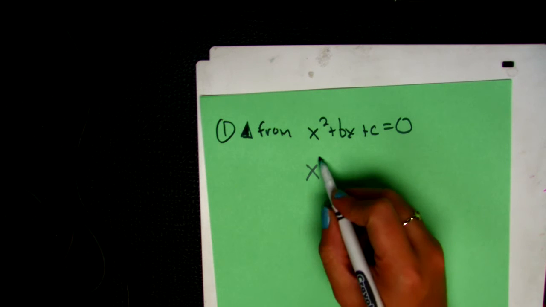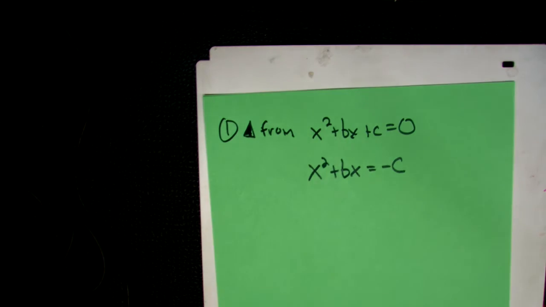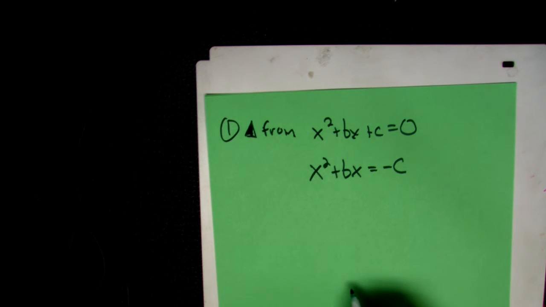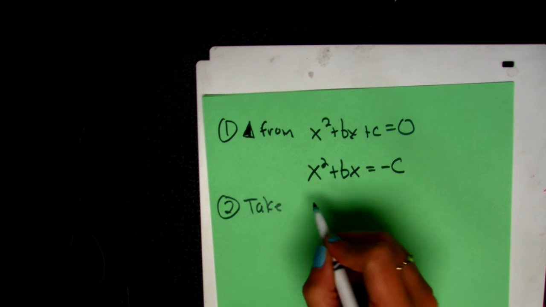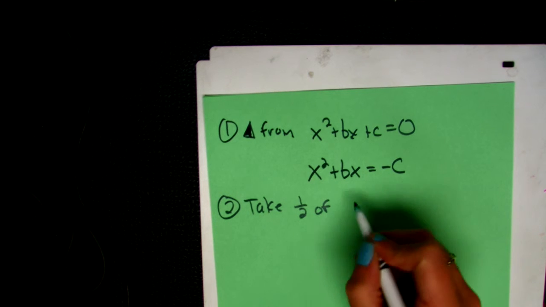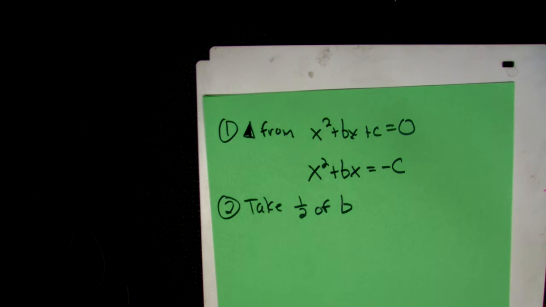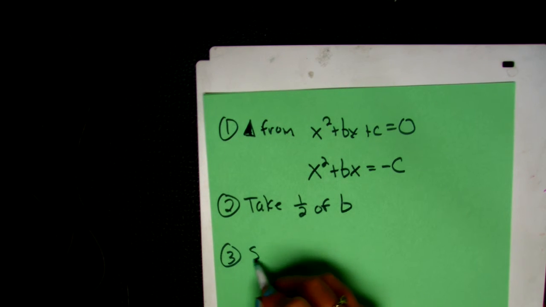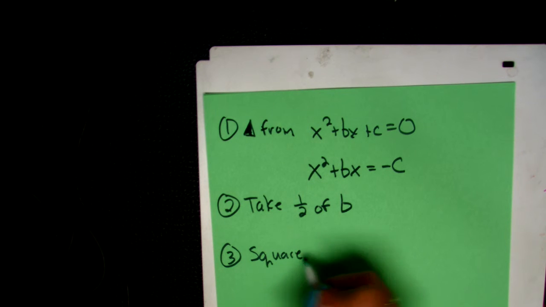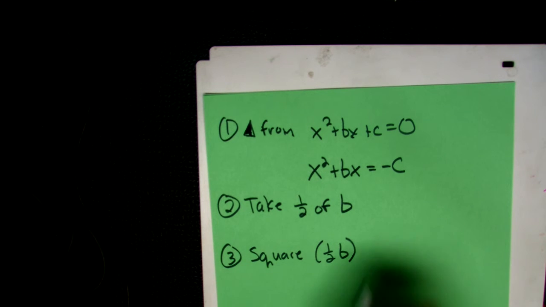So we're going to subtract c from both sides. Okay? And then once we do that, we're going to take half of b, remember, b is the coefficient in front of x. And then we're going to square that. So square half of b.